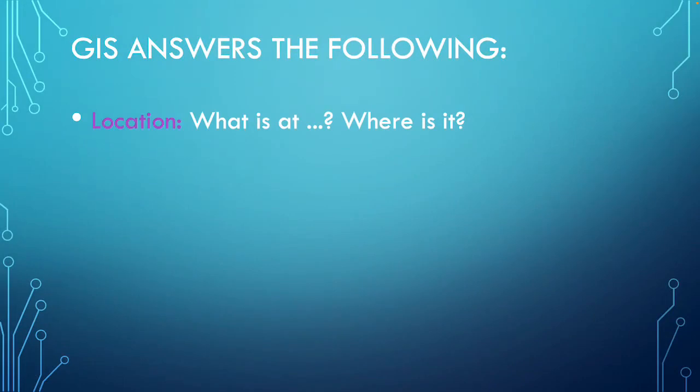And the first question that GIS is always focused on, and something to keep in mind, is location. What is it? Where is it? Where is it at? Where is it located? All of those kinds of things are an important part of that. So there are lots of questions.